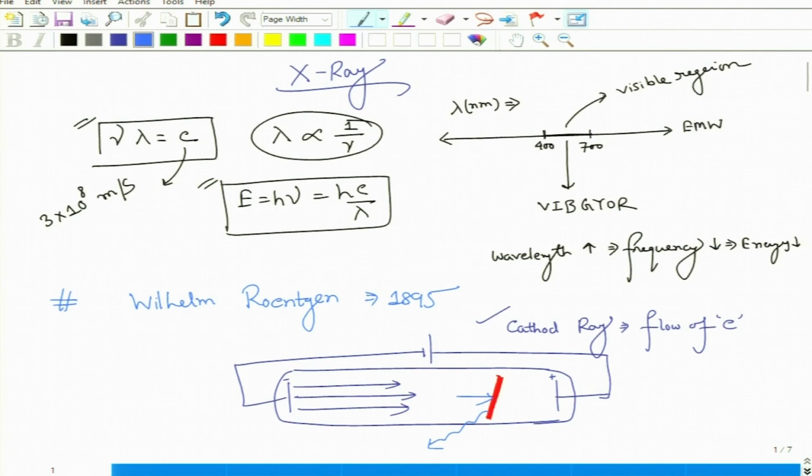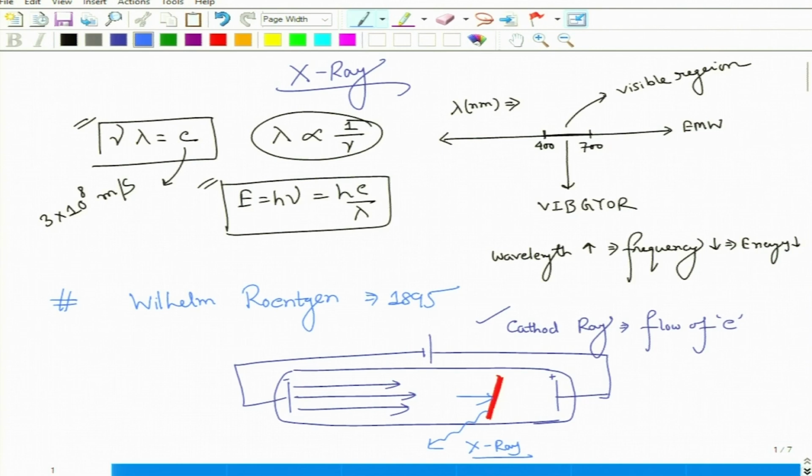There was no concept about this ray at that time. So this ray was identified by Röntgen, and he termed it X-ray because this was an unknown ray. We know in mathematics we use unknown quantities as X, right? In a similar way, Röntgen named it X-ray, that means the unknown ray. Okay, so in this way the X-ray was discovered.